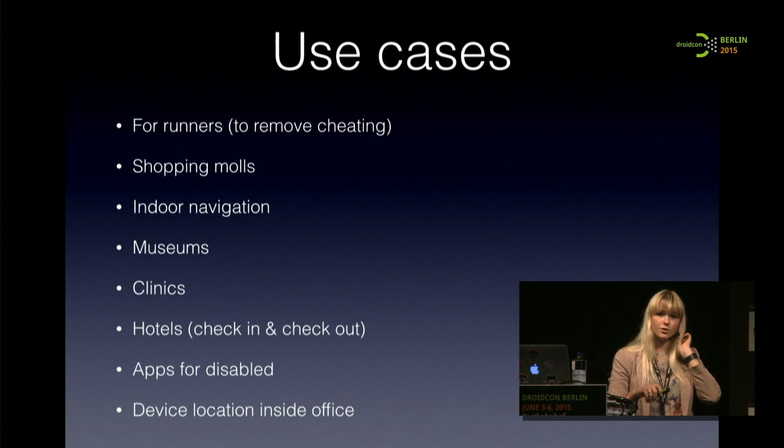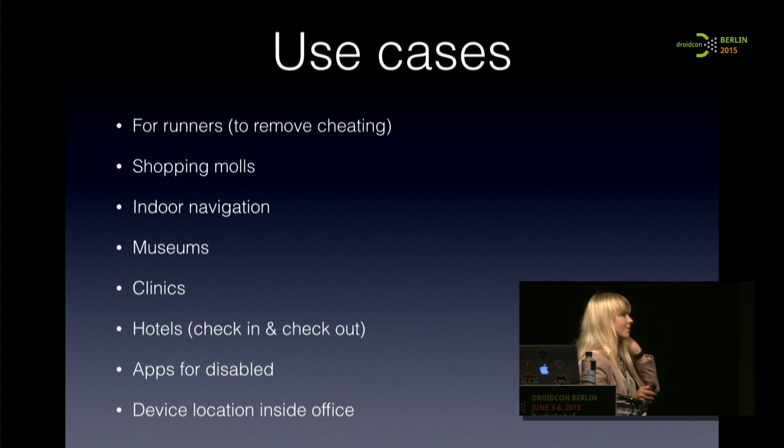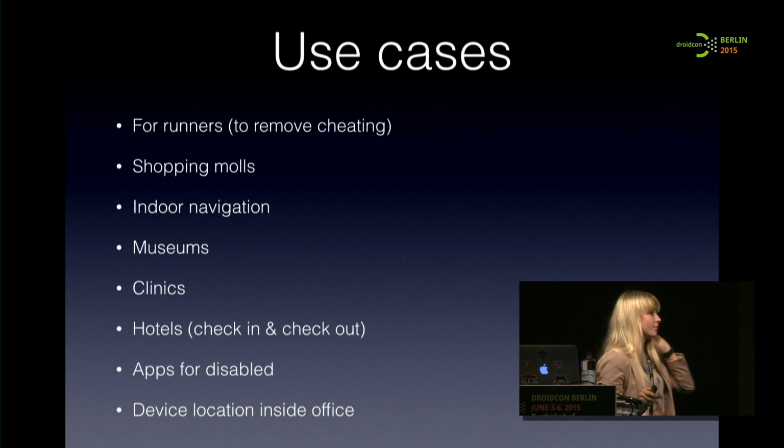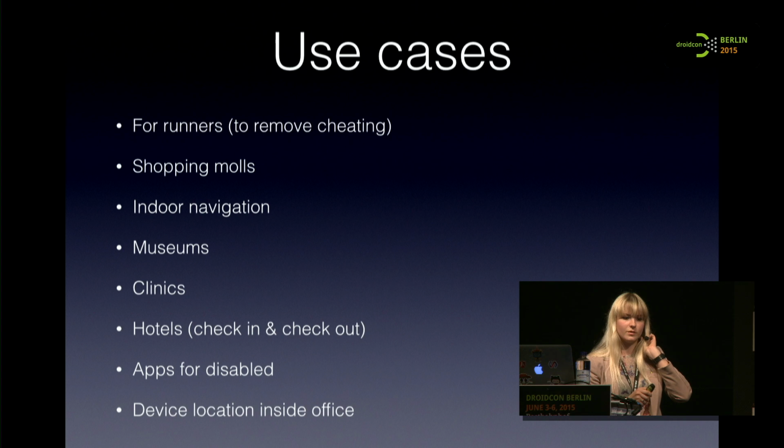For indoor navigation at conferences, at big areas, or for example shops, an interactive map can be provided for the users. For museums, if users are going to some exhibits, the audio guide can be automatically switched to the suitable one.